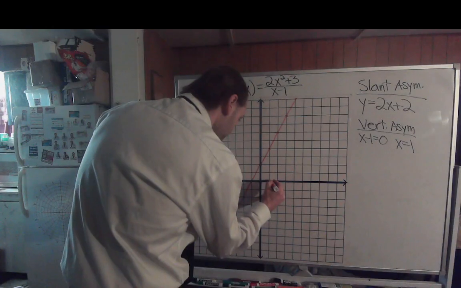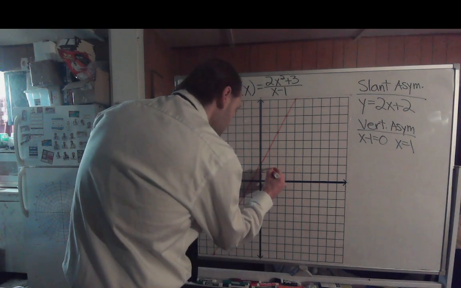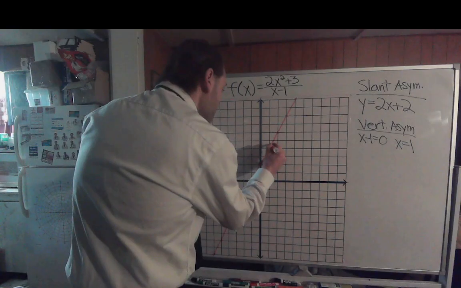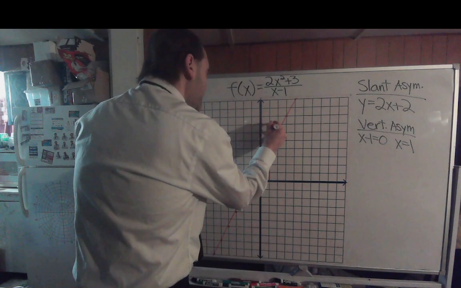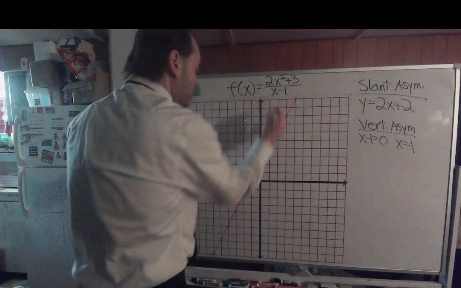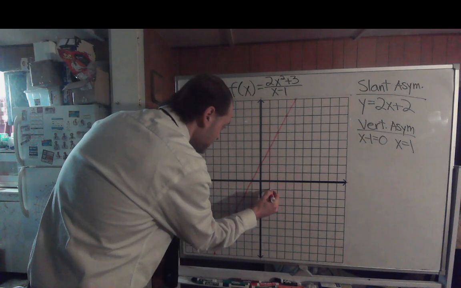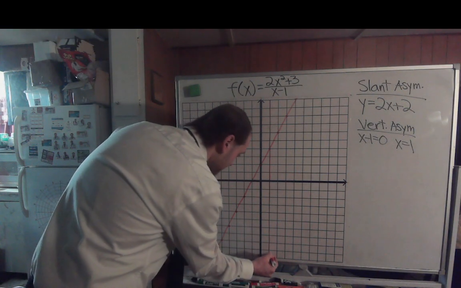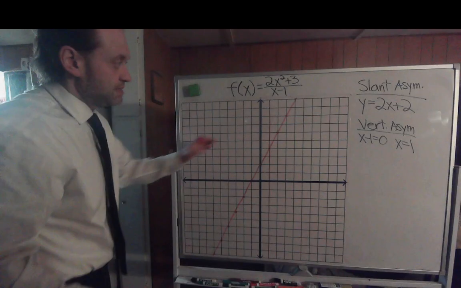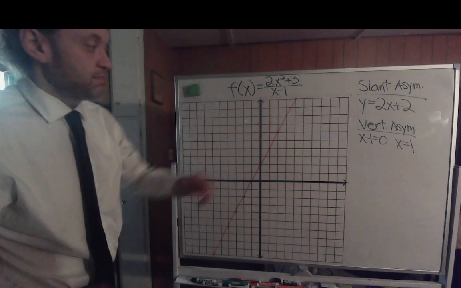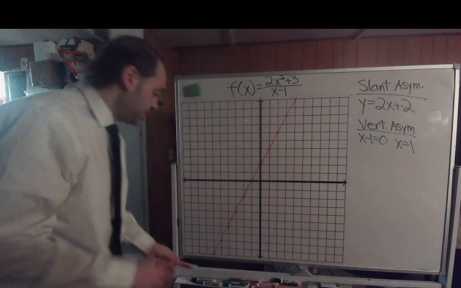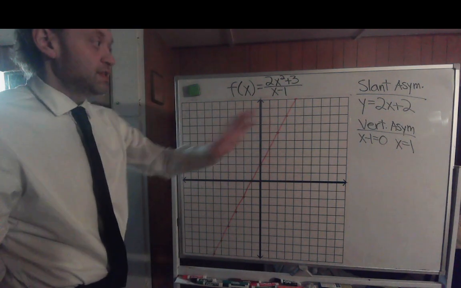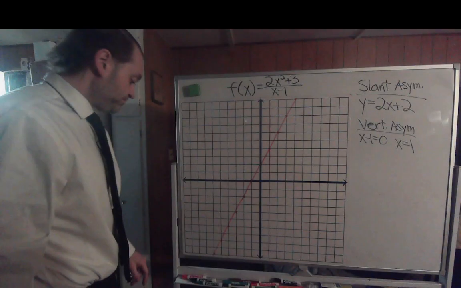So let's go ahead and plot that. So for sure you're going to have a vertical asymptote, but instead of a horizontal asymptote, you'll have a slant asymptote. So now we have plotted both the slant asymptote and the vertical asymptote.